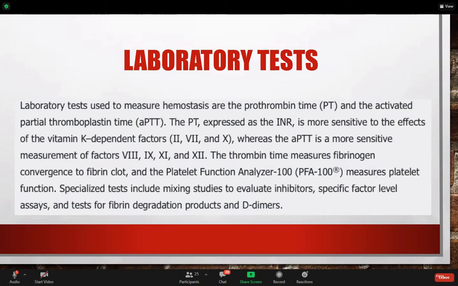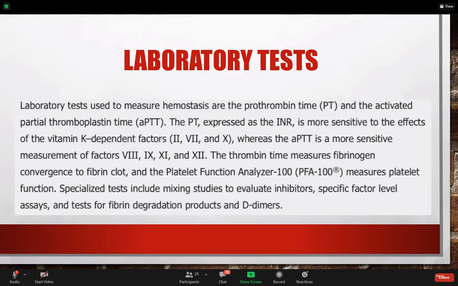It's very sensitive to the effect of vitamin K dependent factors, 2, 7, and 10, whereas APTT is a more sensitive measurement of factors 8, 9, 11, and 12. Basically, we have it in one of the slides. PT is more for the extrinsic, PTT is more for the intrinsic factors, okay?